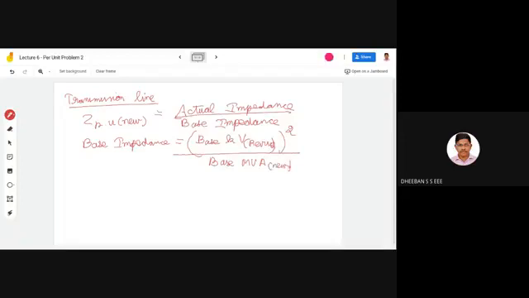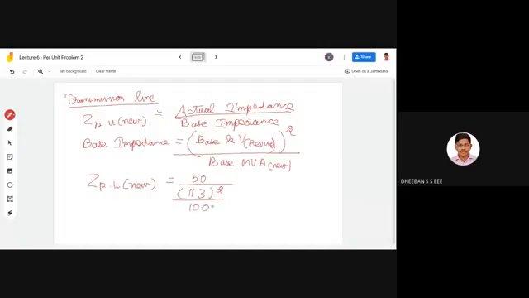Okay, you have to substitute this formula over here, so you'll be getting Z per unit new will be equal to 50 divided by, so revised kV, which is nothing but 113, the whole square divided by base MVA, which is 100.